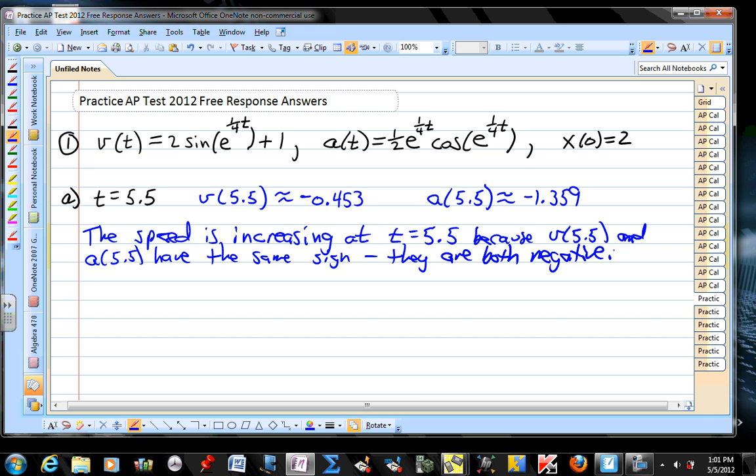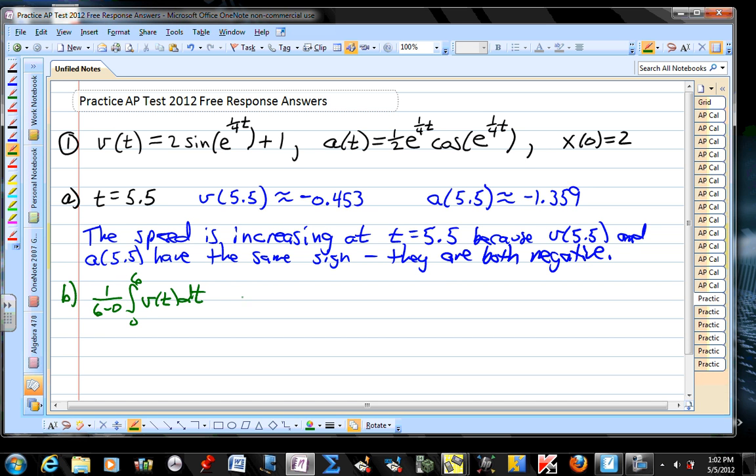Now moving on to part B. For part B, we're asked to find the average velocity. So to find the average velocity, we can find the average value of the velocity function over the time interval from 0 to 6 seconds. So we can integrate the velocity from 0 to 6, and then, of course, we'll multiply by 1 over 6 minus 0 to get the average value.